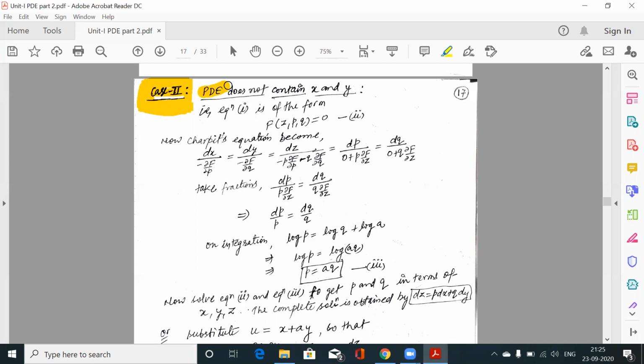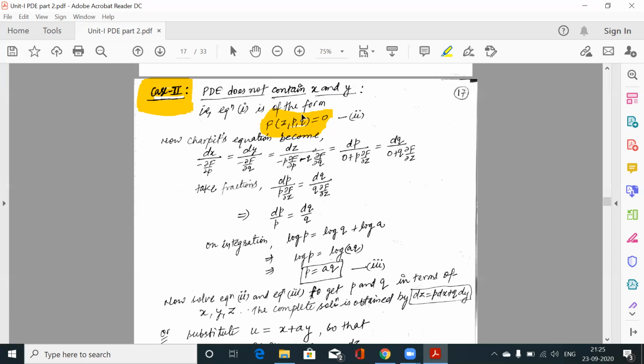Now the second case where the PDE does not contain x and y. In the previous case it should not contain any term of x, y and z, only p and q are there. But in this case z may be in the given function form, given partial differential equation, but it is independent of x and y.